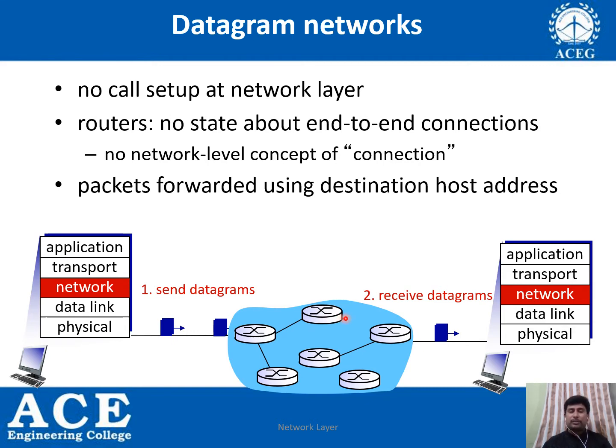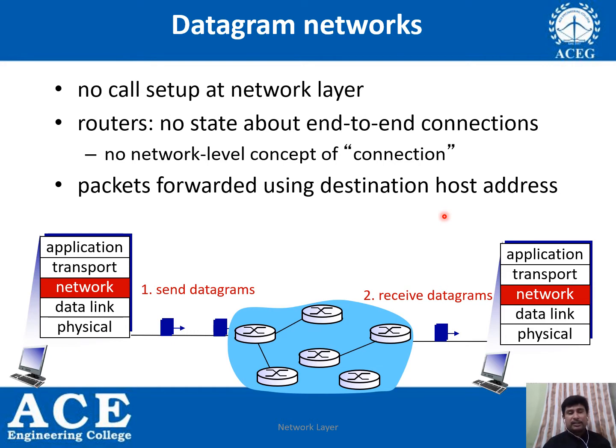So this is how you could find a difference in the approach from virtual circuit, where you are using a virtual circuit identifier. In that case, a path has to be established before the data transfers. Here we have a destination host address, and there is no requirement of any path or connection to be established. So connection setup which is required in virtual circuits is not required in case of datagrams.